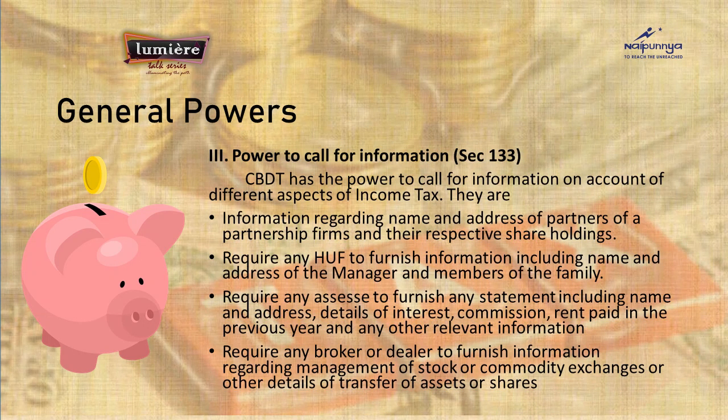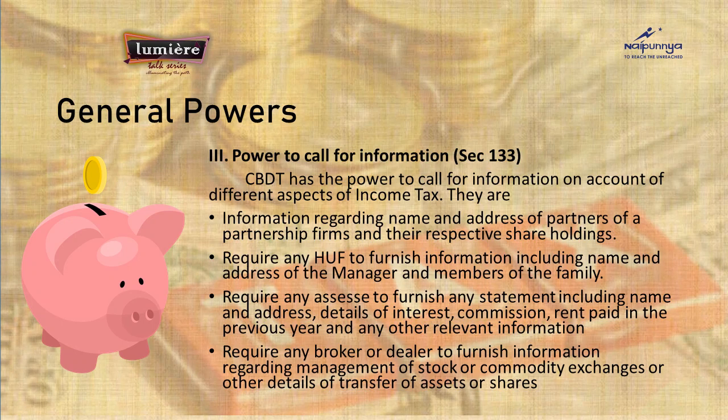The next general power, that is power to call for information, which is under section 133. And the CBDT has the power to call for information on different aspects of income tax.